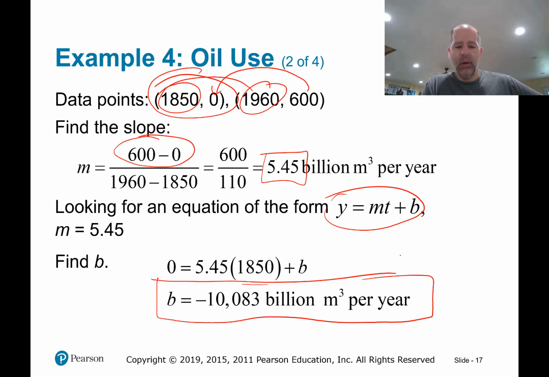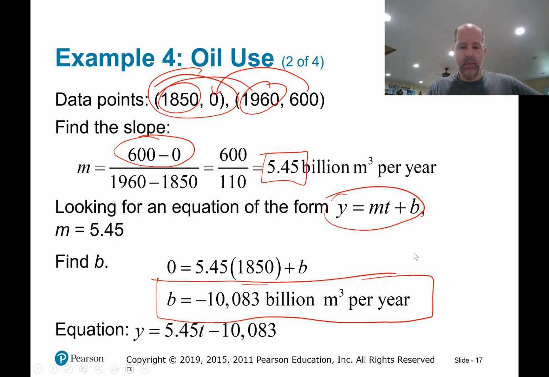So that wouldn't make any sense to have a negative y-intercept. But in any case, this would be our equation of a line. But then again, we would also recognize that in this case anyway, the y-intercept is meaningless.